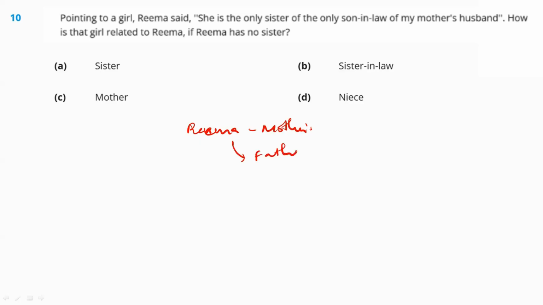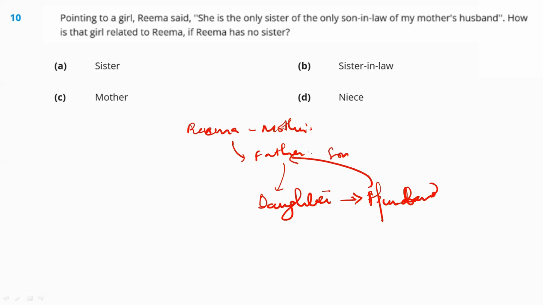So the only son-in-law of the father means his daughter's husband. And the girl is the sister of the son-in-law.